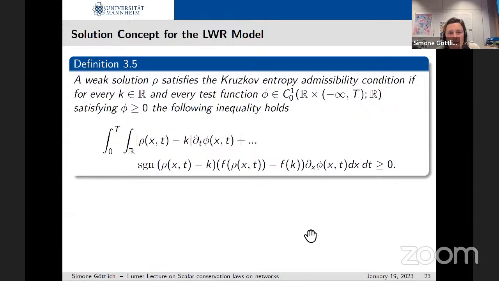And this is given by the definition of Kruzhkov entropy admissible conditions. If you check here, the definition, it looks similar to what we've seen before for weak solution, but is a bit more involved. So what does it mean now, this Kruzhkov type of entropy solution?